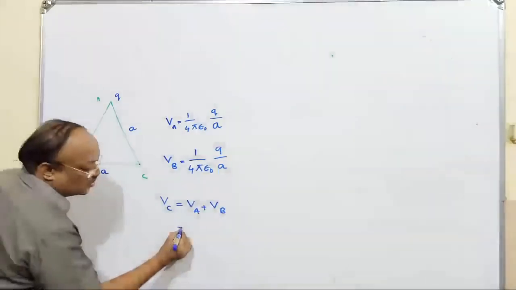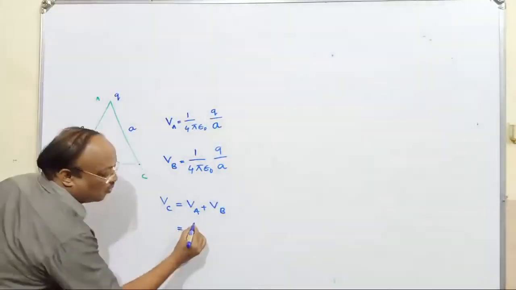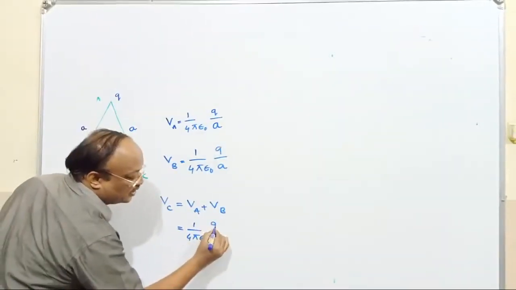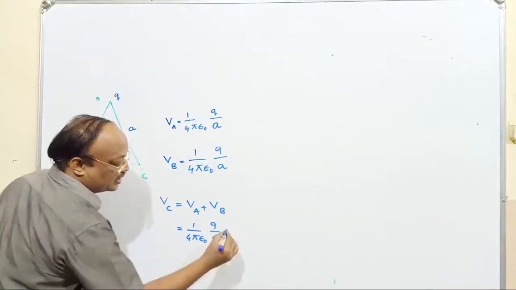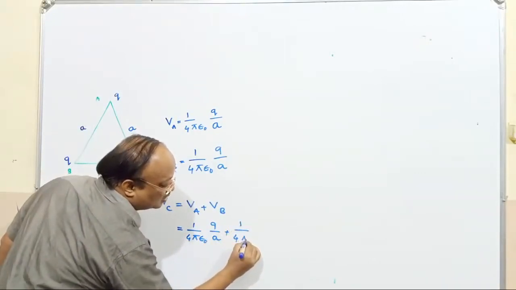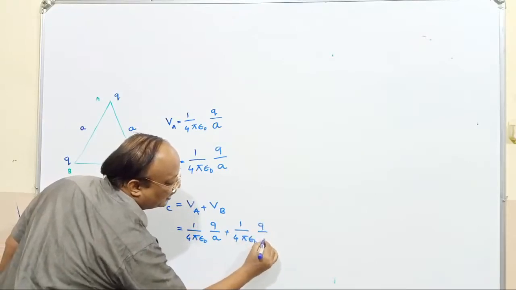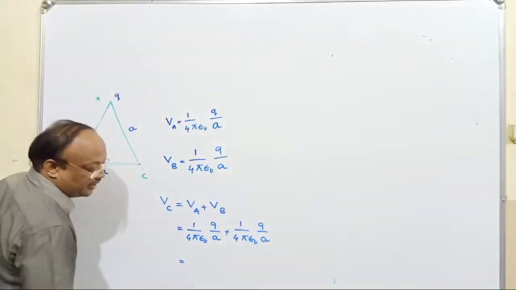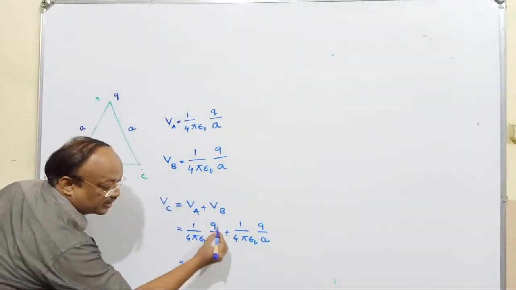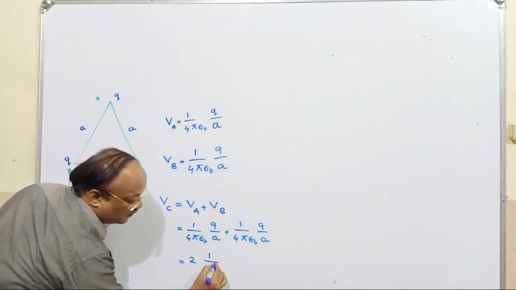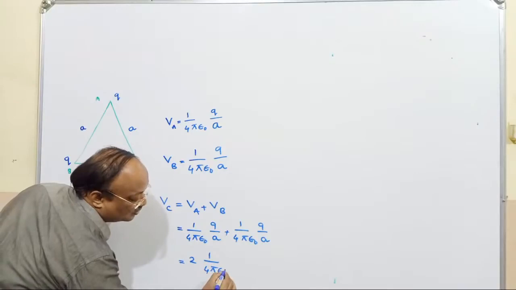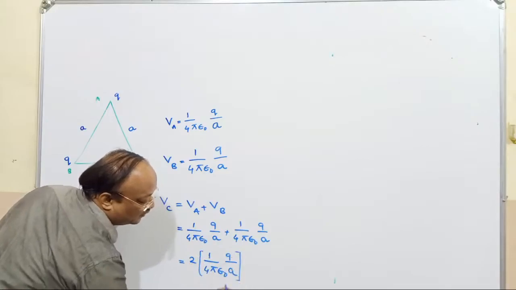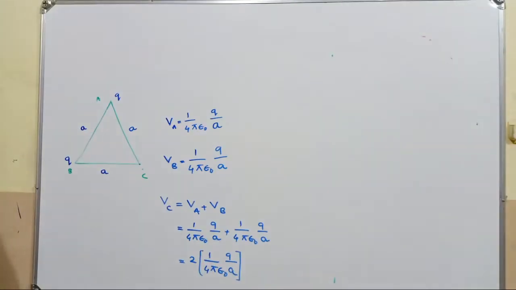VA is 1 by 4 pi epsilon naught Q by A, plus 1 by 4 pi epsilon naught Q by A. In the sense, this will be 2 times 1 by 4 pi epsilon naught Q by A.